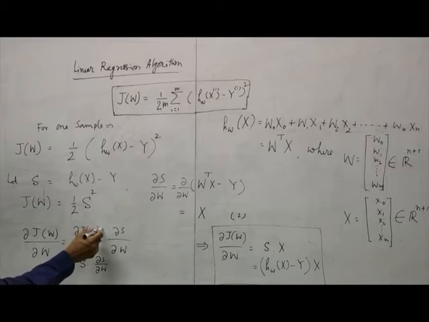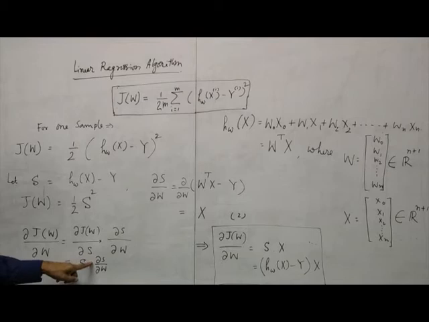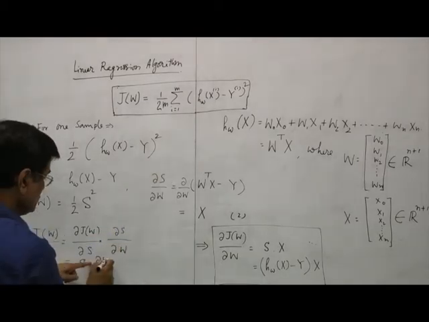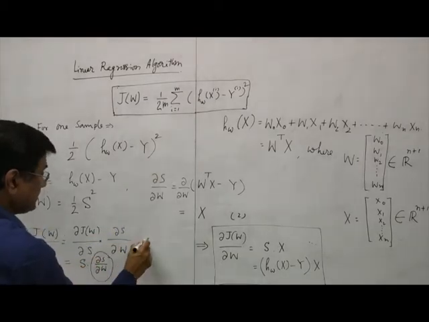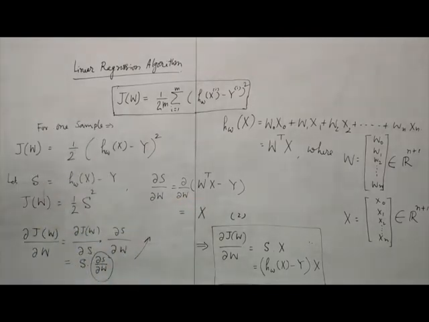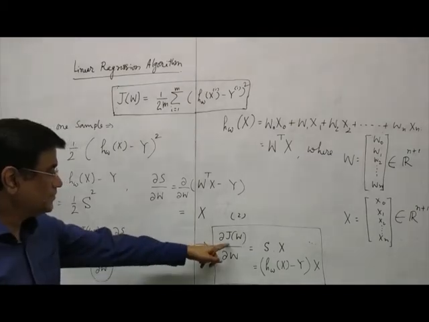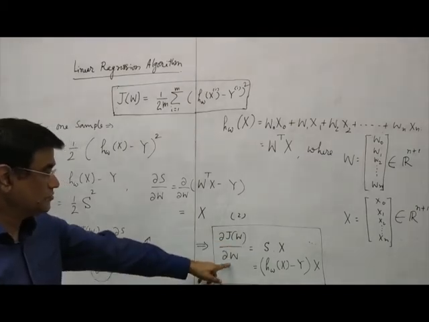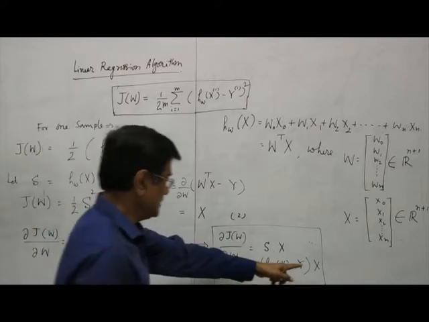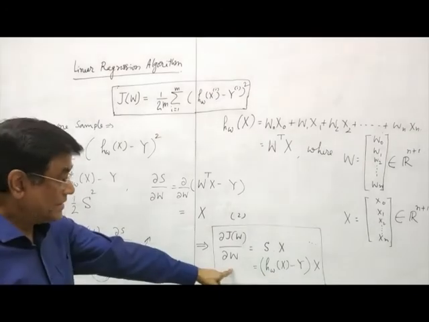Definitely the 2 cancels out with the half, giving s, and this equals x. Then the partial derivative of the cost function with respect to the parameter becomes this. This is very, very important. Now in vector form we have written it like this, right?